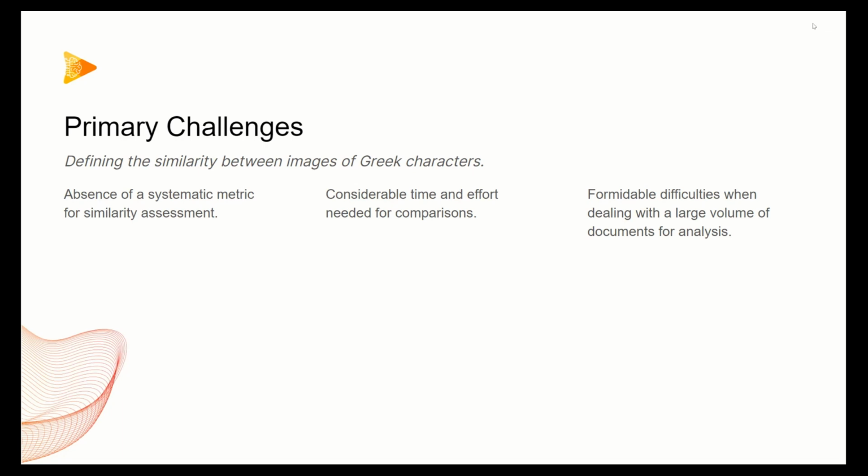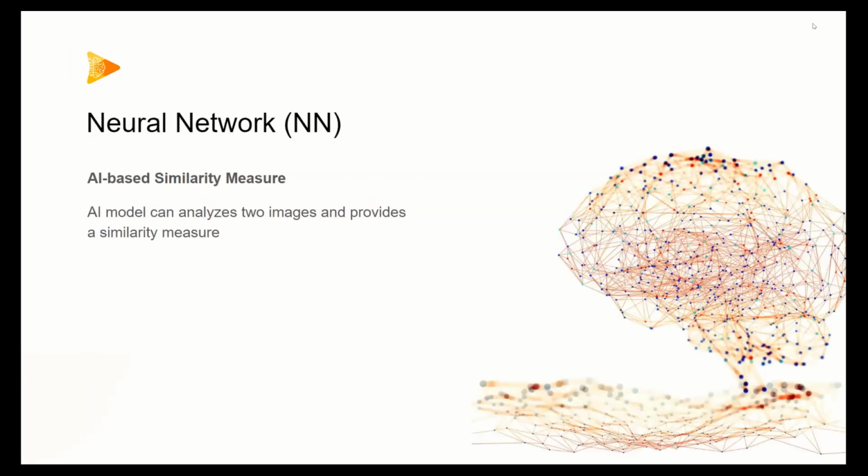With machines, we can just skip this process, because in a few minutes, we may let the machine provide us numbers, a measure of similarities. And that is what neural networks can do for us. I don't want to say that they can give us answers or that they can jump to any conclusion, because they can't.